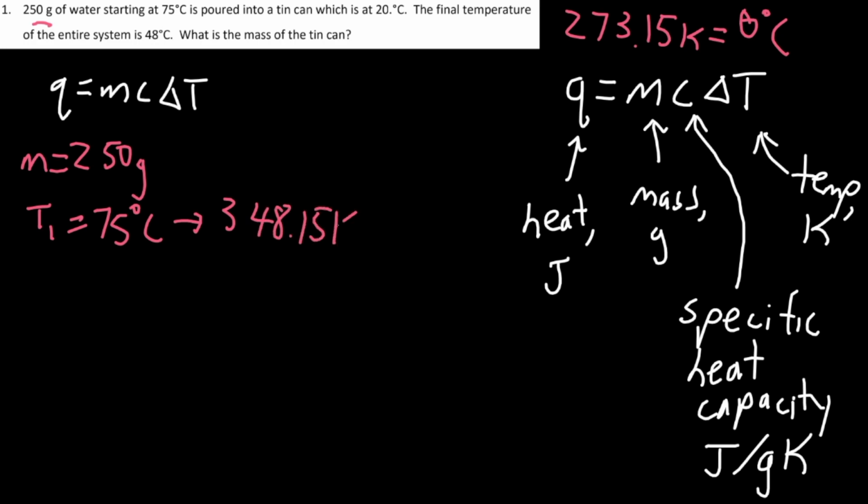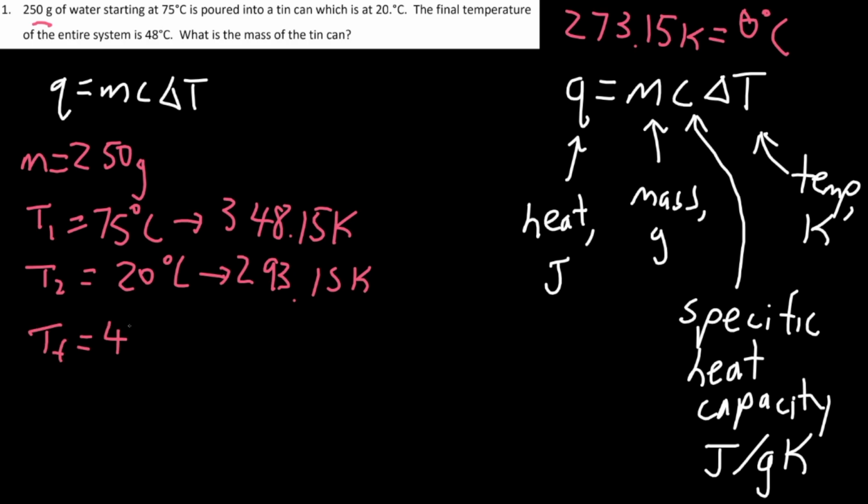It gives us temperature 2, which is 20 degrees Celsius, and it states that the final temperature, 48 degrees Celsius, which is 321.15 Kelvin. We're dealing with water and with tin, because it says here tin and water.